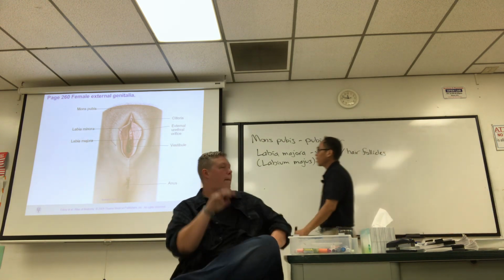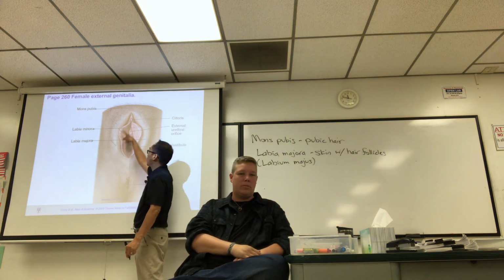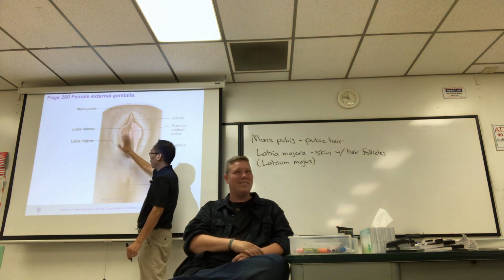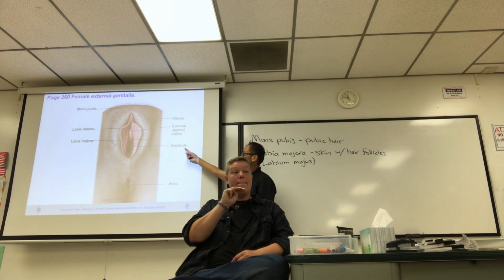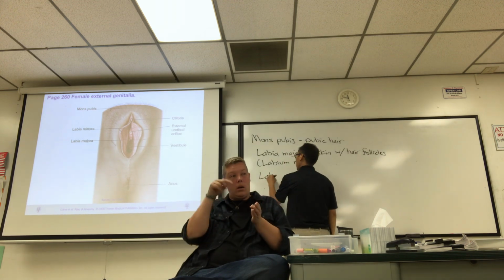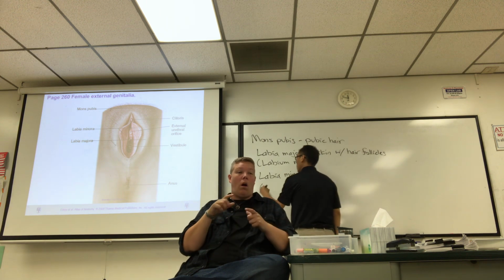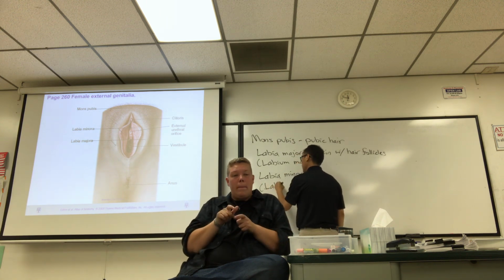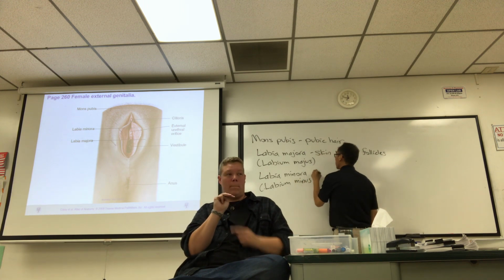The labia minora are hairless. If you reflect them back, you can see they contain a space called the vestibule. So labia minora is plural, and labium minus is singular.